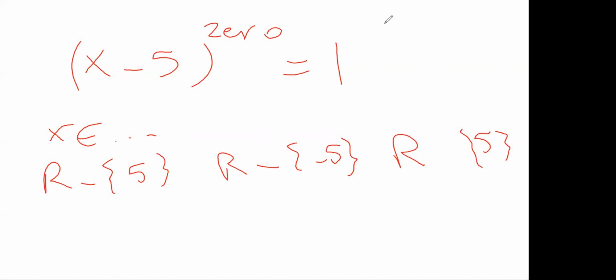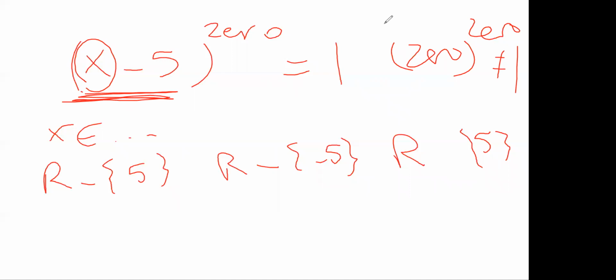There was a math error. If 0 power 0, this is the only number which does not equal 1. It is an error. So what will make this bracket 0? If x is what, it will make this 0. x can belong to any real number except one number.